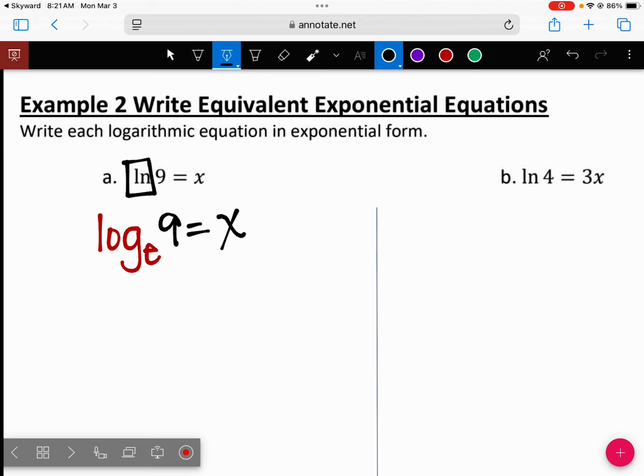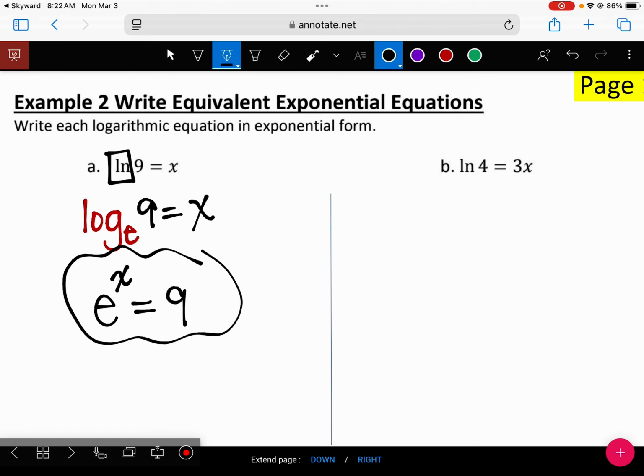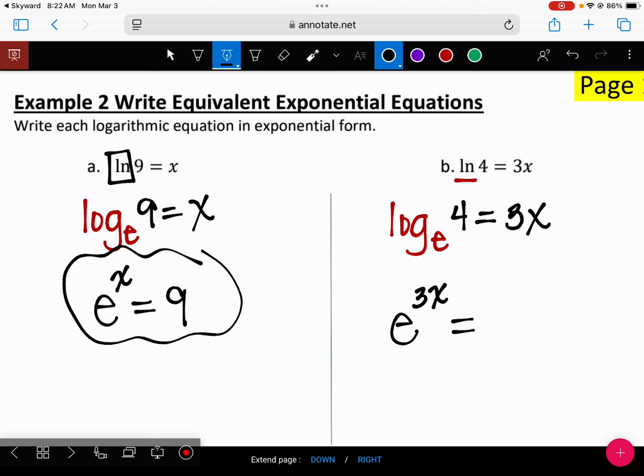So that would be e to the power of x equals 9. And that is your answer. So again, a natural log is just a log with a little base e. So for this one, it would be e to the power of 3x equals 4.